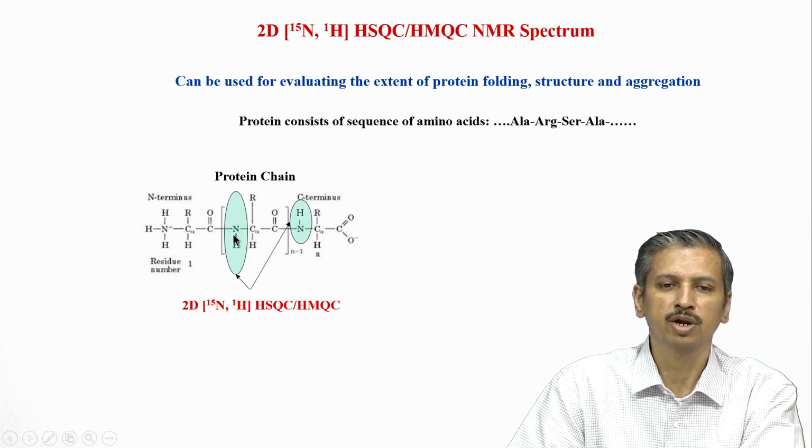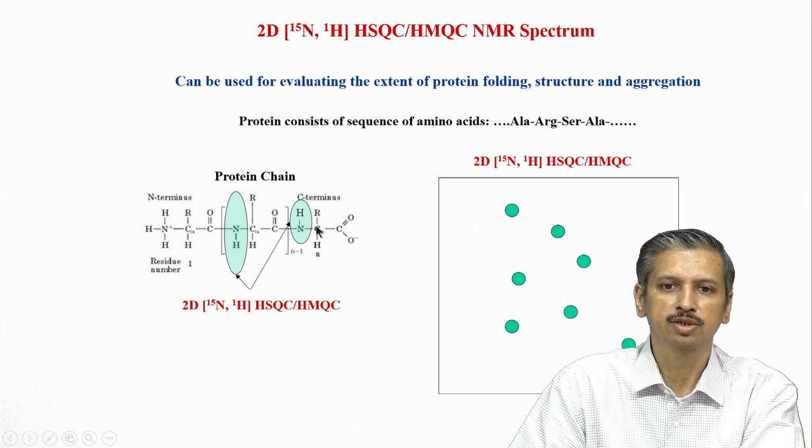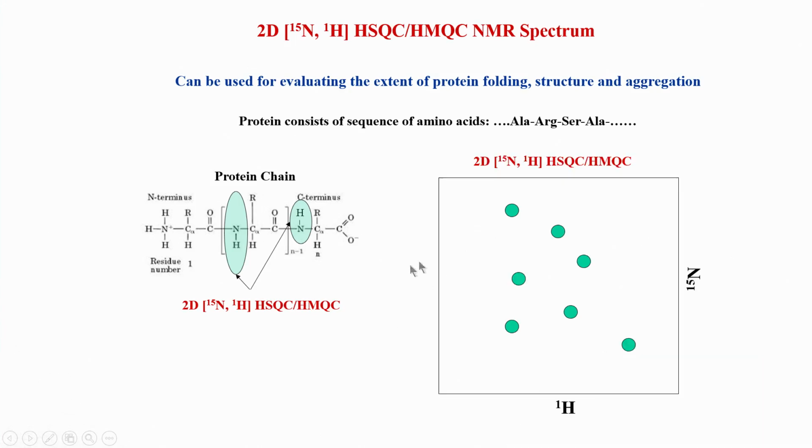This is shown schematically in this spectrum here, this is an HSQC spectrum, and you can see the correlations. Each of these spots here is a peak and each of these peaks corresponds to one amino acid. So, one peak here has one nitrogen chemical shift on this axis and one hydrogen chemical shift on this axis.